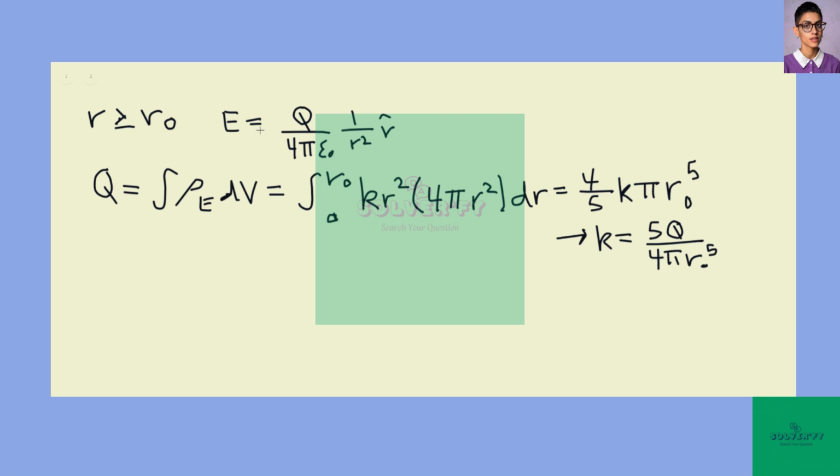So returning to our E field outside the sphere, because we're given Q, but we have k, we've now figured out what this k has to be. So I guess this expression here is the electric field outside in its entirety, assuming we know what Q actually is.